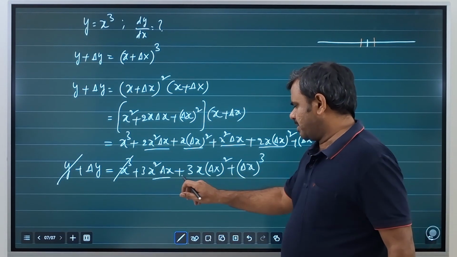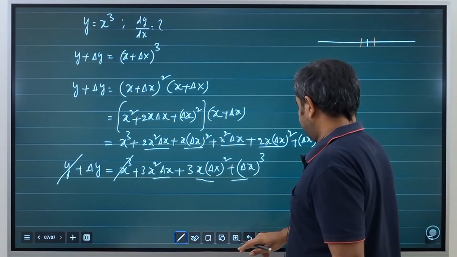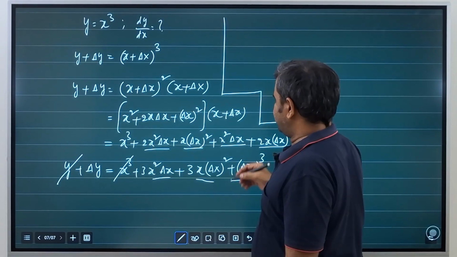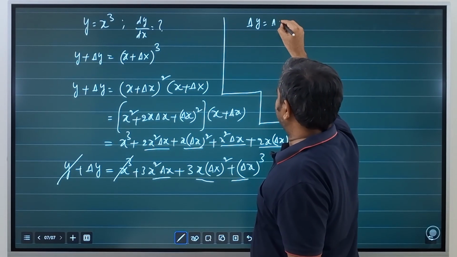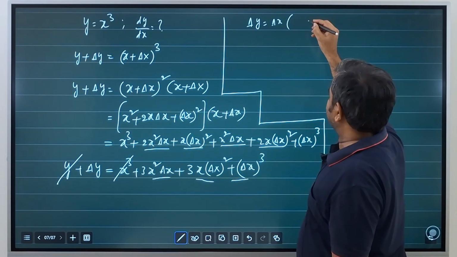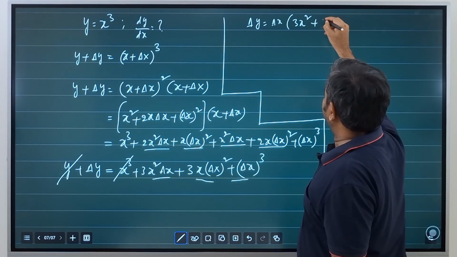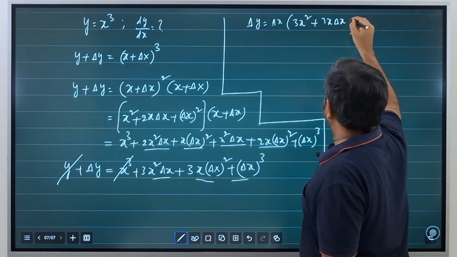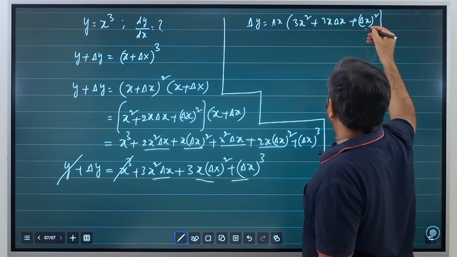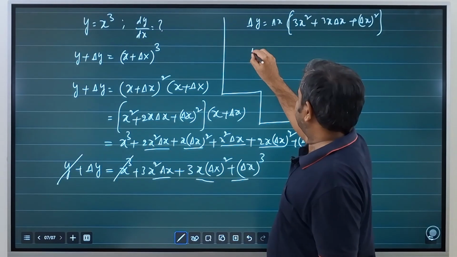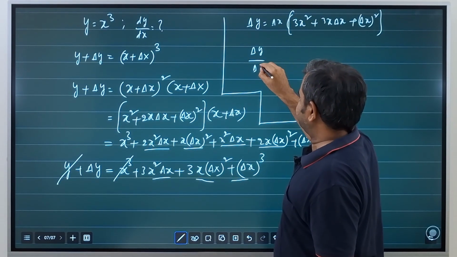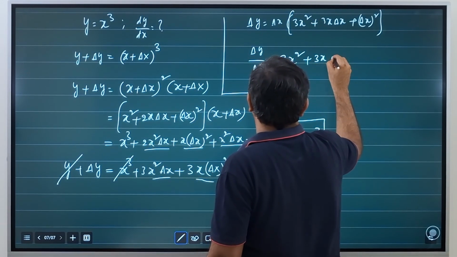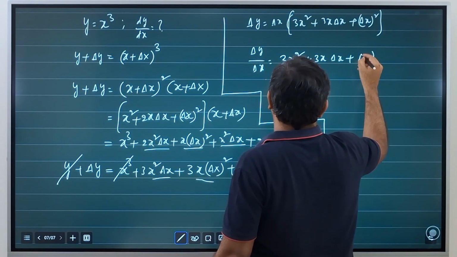If you take delta x common out of the right hand side, you'll get delta y is equal to delta x times 3x square plus 3x delta x plus delta x whole square, or delta y by delta x is equal to 3x square plus 3x delta x plus delta x whole square.